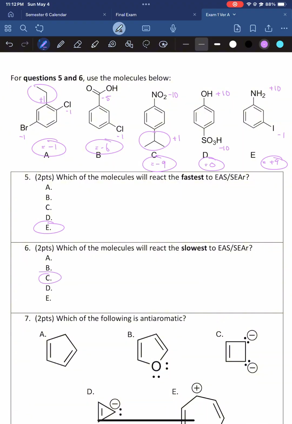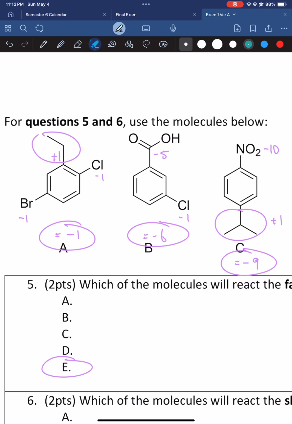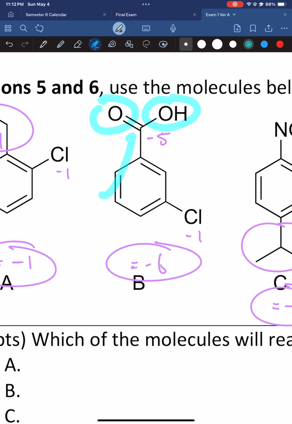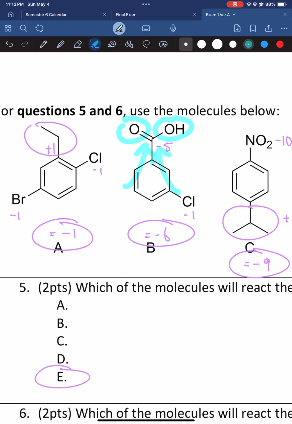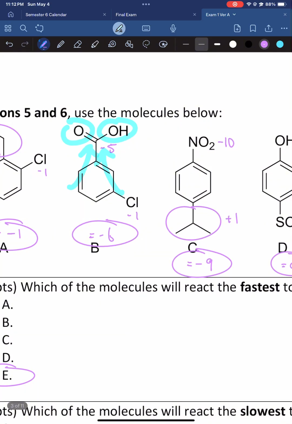In general rule of thumb, if you guys are kind of confused about whether something is activating or deactivating, for example, let's look at B, we have all this resonance up here. Resonance can occur here, it can occur here. This is kind of withdrawing the electrons out and pulling the resonance there, which makes it deactivating. Same thing with this one.